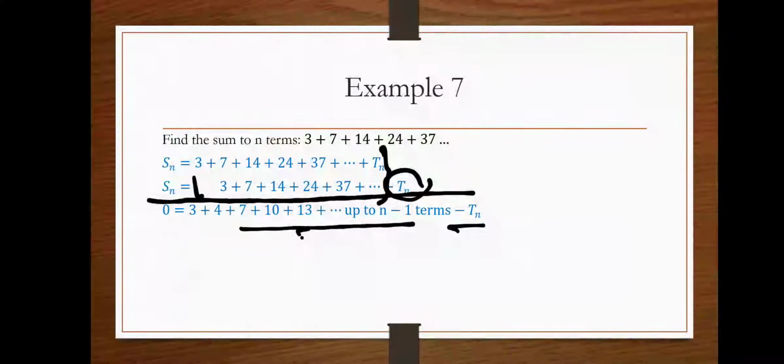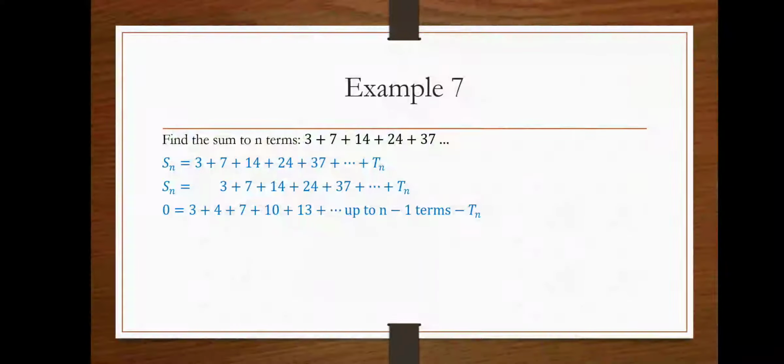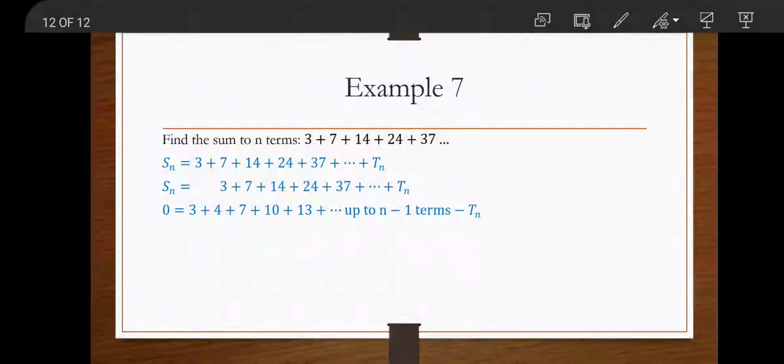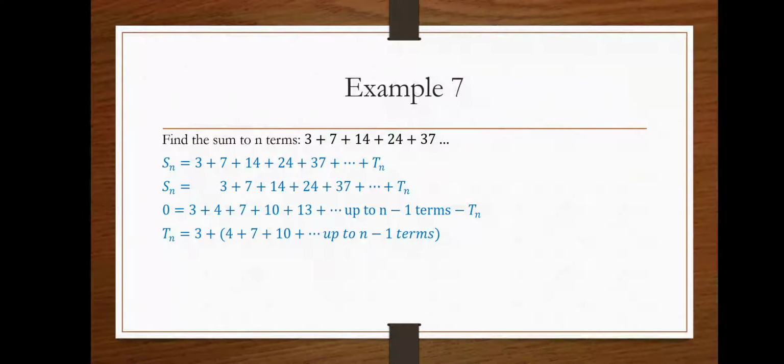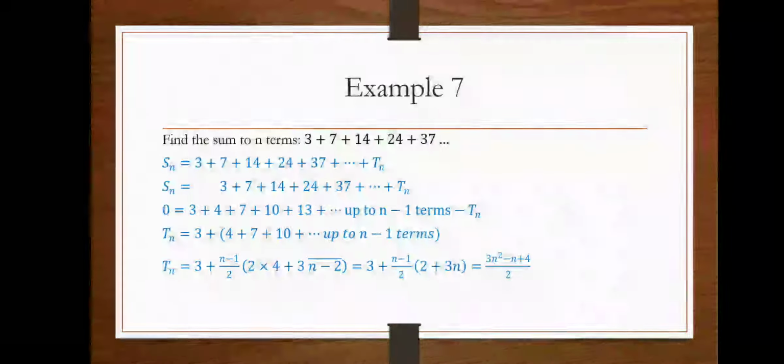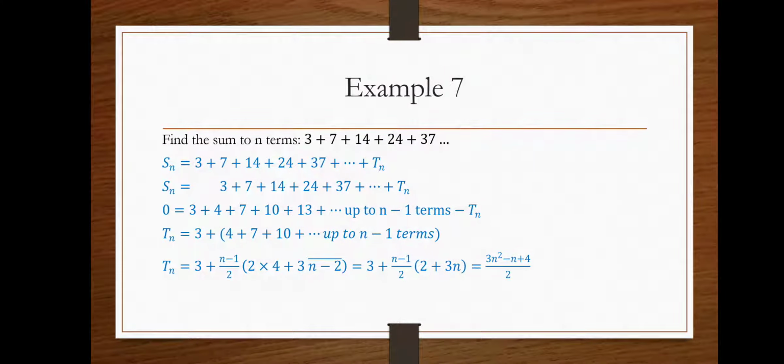So from there I can take this Tn on the other side, so that gives me Tn is equal to 3 plus 4 plus 7 plus 10 up to n minus 1 terms. Now here you see this is basically an AP, right? This forms an AP. So therefore the nth term is basically this.